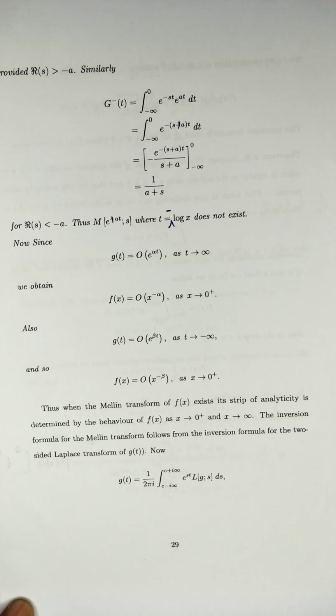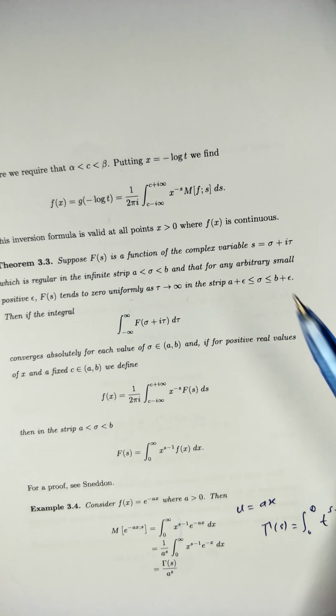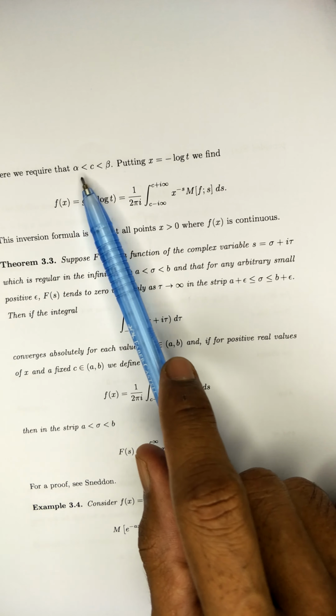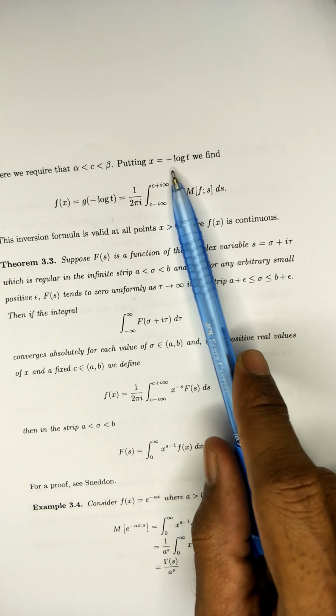Now for the inversion of the Mellin transform, we have this, where we require that c is in between alpha and beta, putting x equal to minus log t in the Laplace transform. So we have this. This gives you the inversion of the Mellin transform.